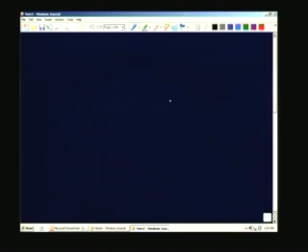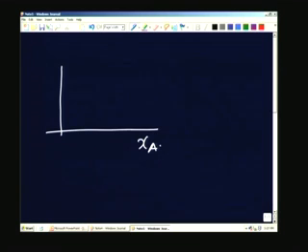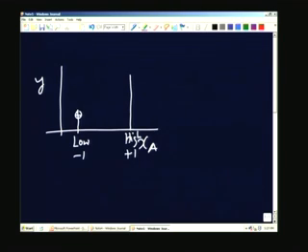If you have only 2 points, let me just draw a simple sketch. I will say x a and let us say 1 factor experiment. So, suppose I do at one low value, high value, plus 1, I get two points. All I can do is to join by a straight line.